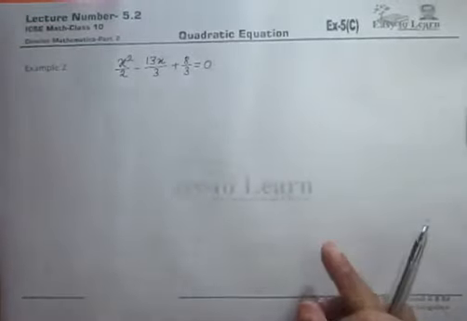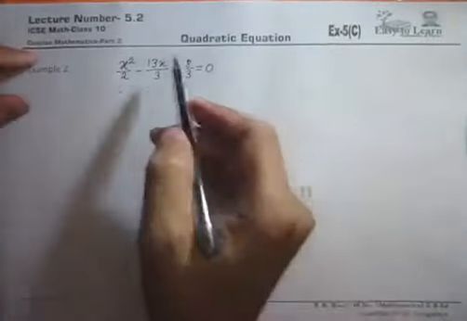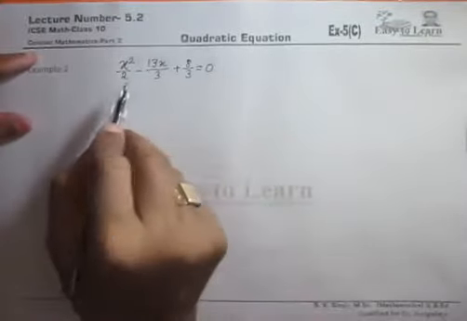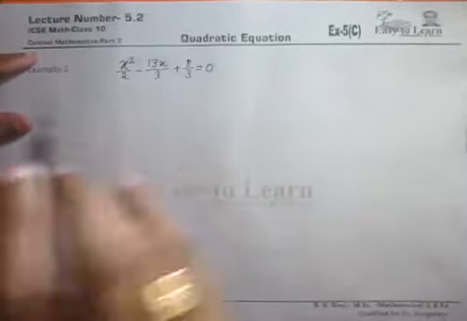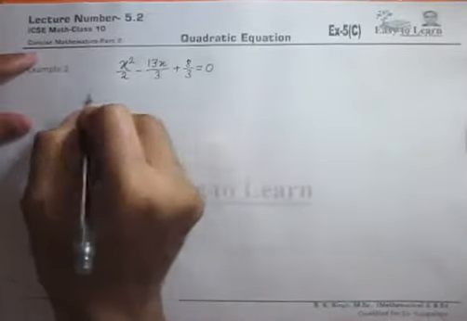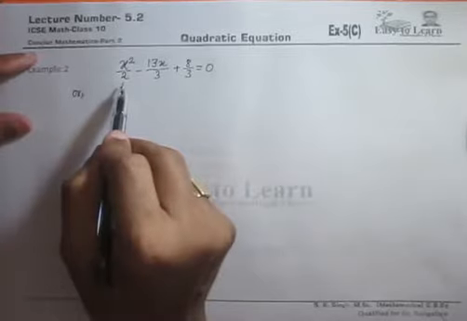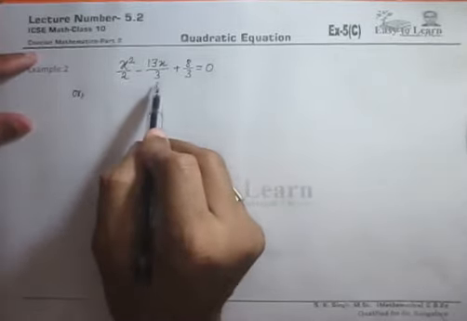Now let us take another example. Here, first of all, arrange the equation in general form. So make it free from fractions. To make it free from fractions, what you have to do: here the denominator is 2, here 3, here 3.